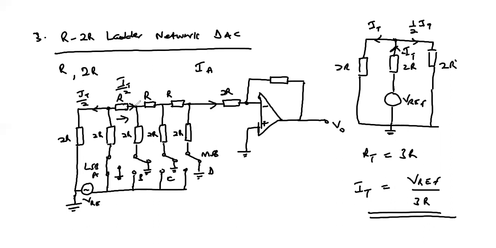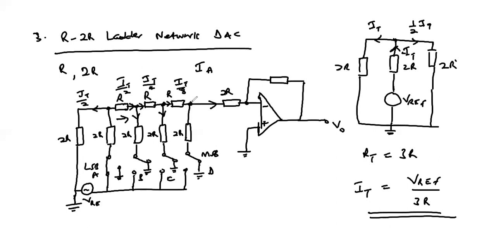Notice that the same current, when it comes to this point, again divides in half, since the total resistance seen from this point is 2R and at this point is 2R. Therefore, at this point, it divides into I total over 4. When it comes to this point, the same current subdivides to get I total over 8.